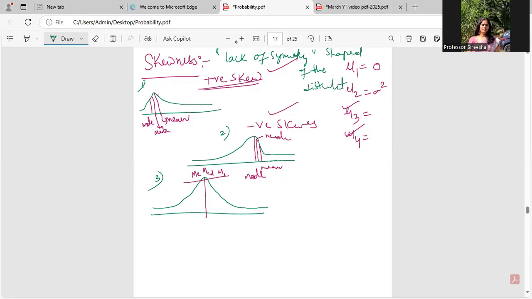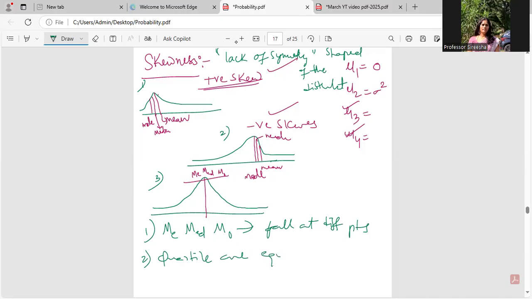That means mean, median, and mode fall at different points. Quartiles are not equidistant from the median; usually quartiles should be equidistant, and the second quartile is the median.